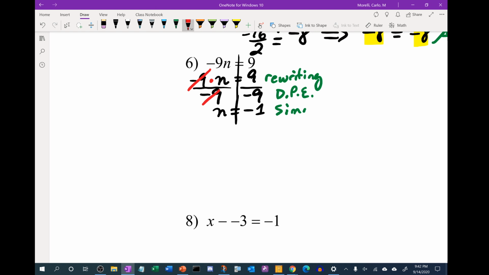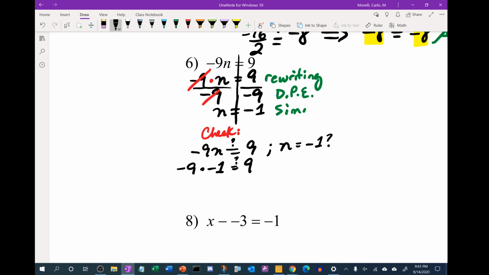And now I'm going to check it. Is it true that negative 9 times n is equal to 9 when n equals negative 1? Let's substitute and find out. Remember, you can write negative 9n as negative 9 times n. So I'm going to substitute in negative 1. Negative 9 times negative 1 equals question mark equals 9.